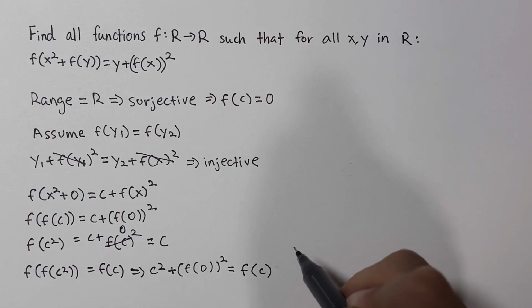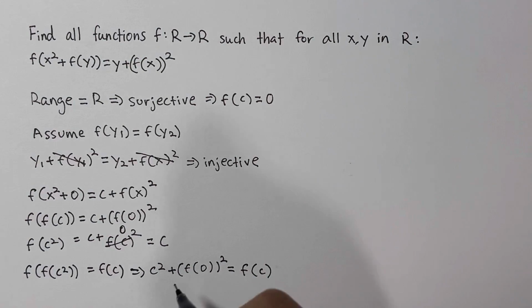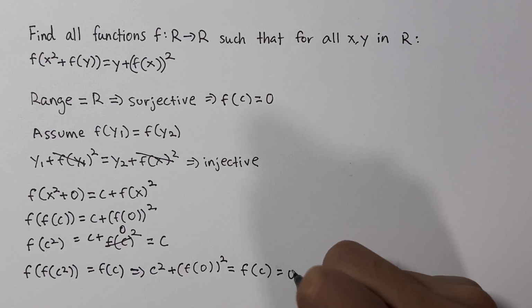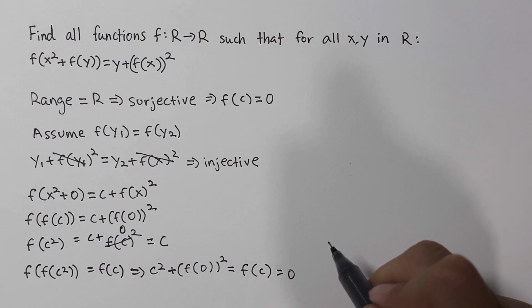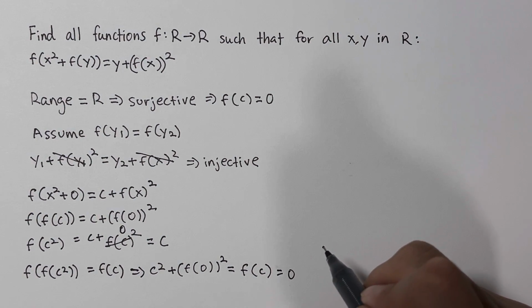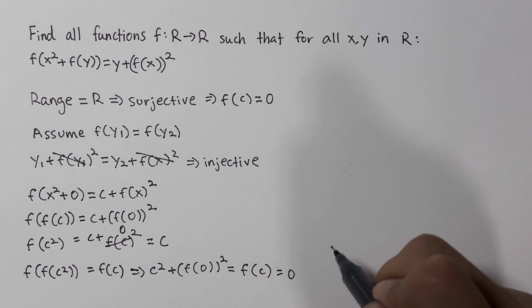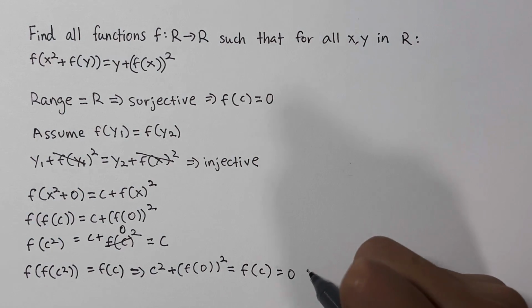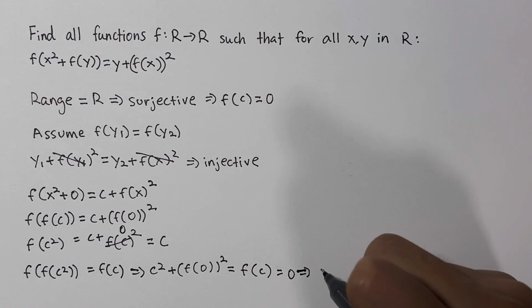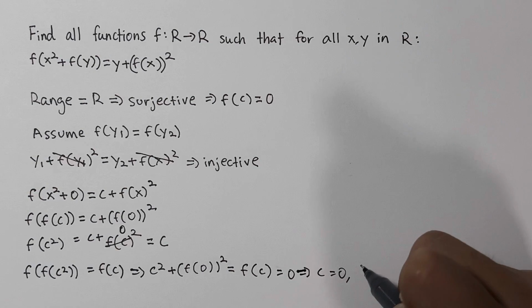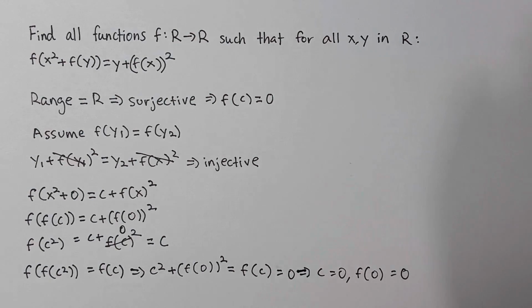And since we know that f of c equals 0, c squared plus (f of 0) squared equals 0. The square of any real number is non-negative. The only way the sum of two non-negative numbers can be 0 is if both numbers are 0. Therefore, c squared equals 0, which means c equals 0, and (f of 0) squared equals 0, which means f of 0 equals 0. Now we can derive the final form of the function.